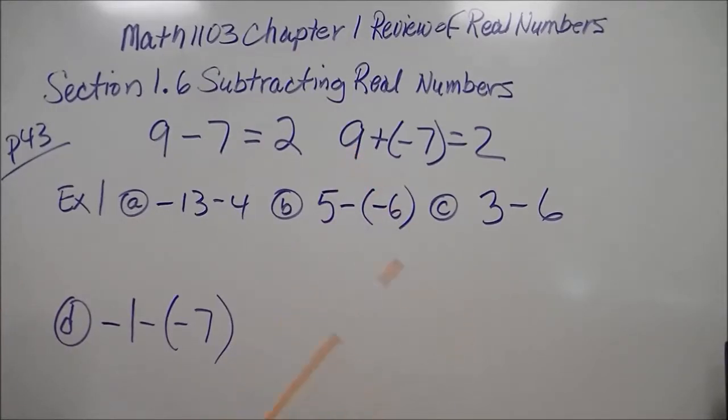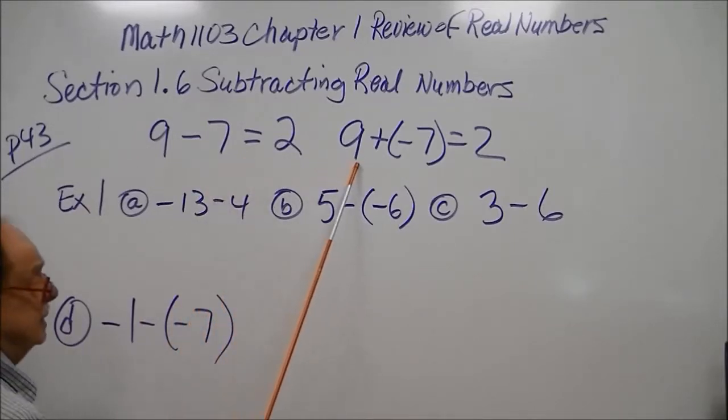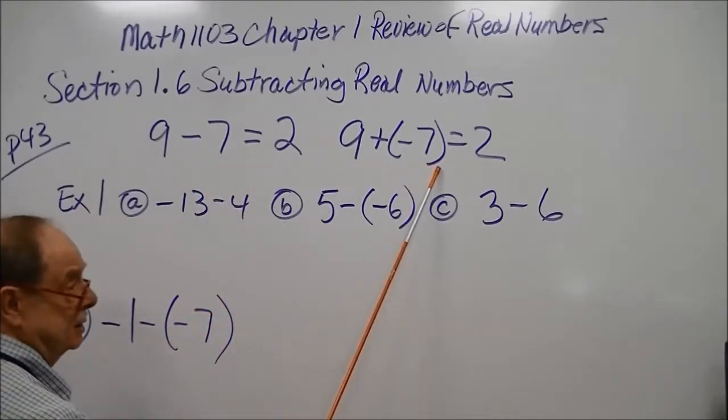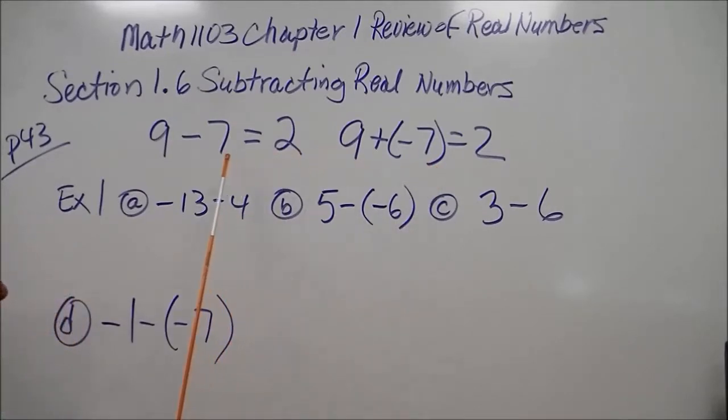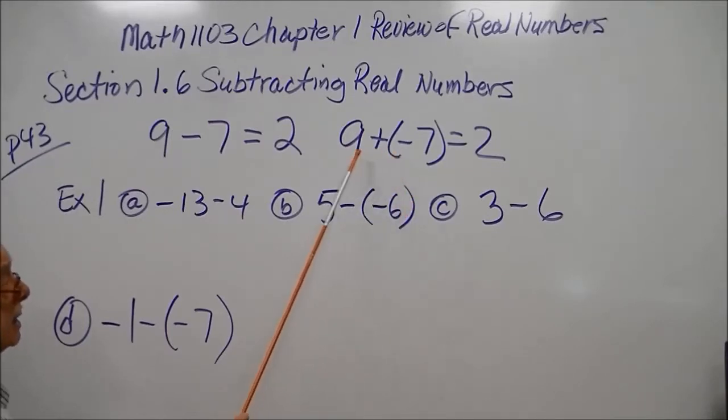So notice what we did. This is subtraction. This is addition. And we can change any subtraction to an addition, in this case, of unlike sign numbers. So keep that in mind.